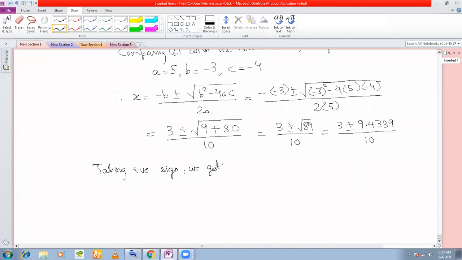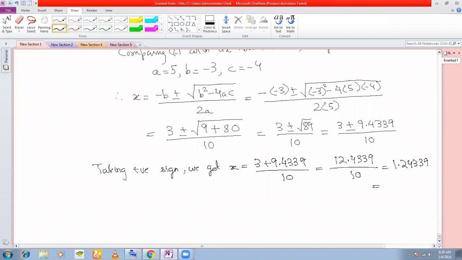we get x is equal to 3 plus 9.4339 divided by 10. So this, if you add up, you'll get 12.4339 divided by 10. Since it is divided by 10, you just shift one decimal place, you get 1.24339.